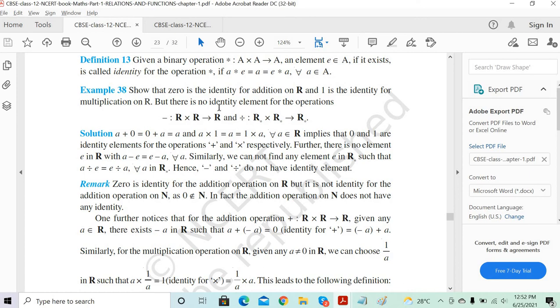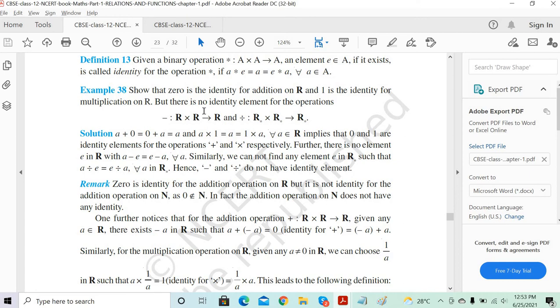When you do a plus e, the answer should be a, or e plus a, the answer should be a. So e has to be 0. Then when you add 0 to any number, you get the same number. 2 plus 0 is 2, and 0 plus 2 is also 2. So 0 becomes the identity, as per the definition. A plus 0 should be the same as 0 plus a.